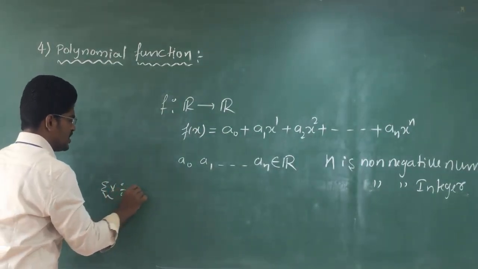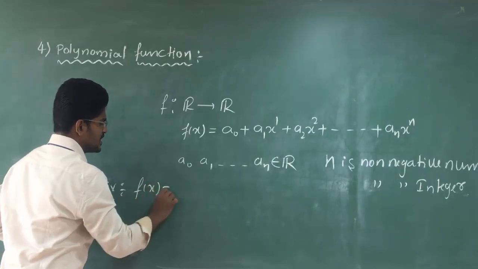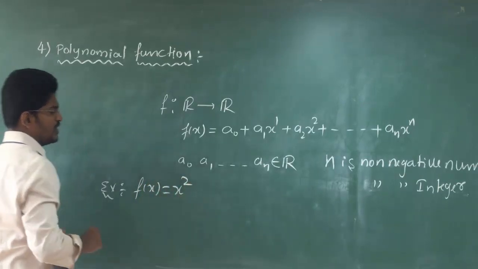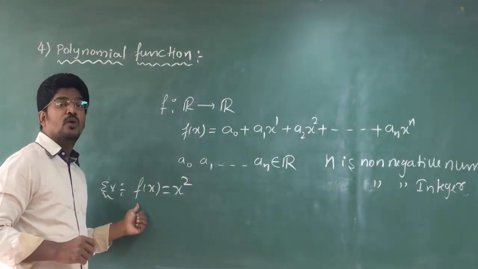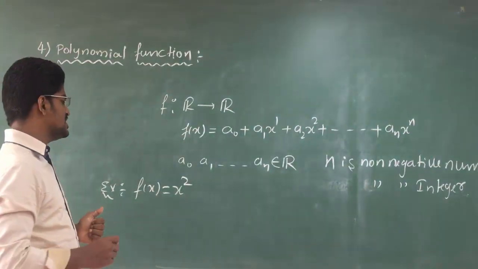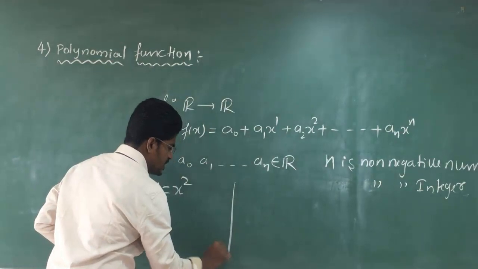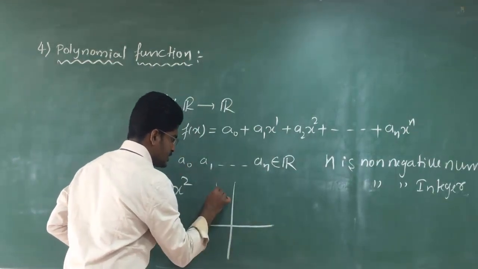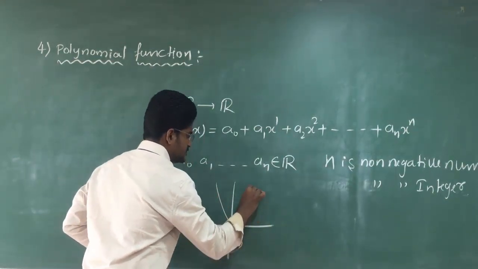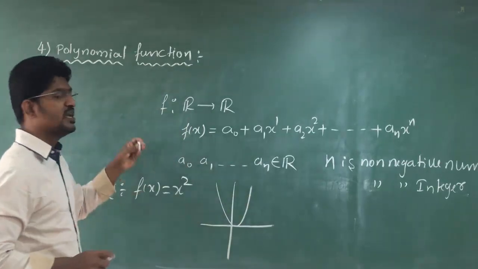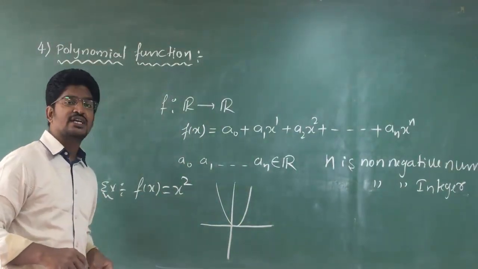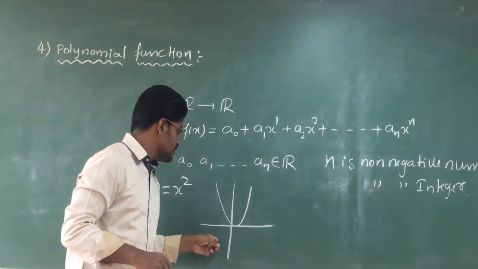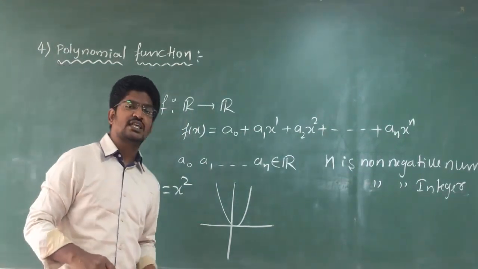In this we take some examples. An example is f of x equal to x square. F of x equal to x square is one of the polynomial functions, which has a graph of this nature. So with the definition of polynomial function you can write an example, f of x equal to x square, and the graph is like this.